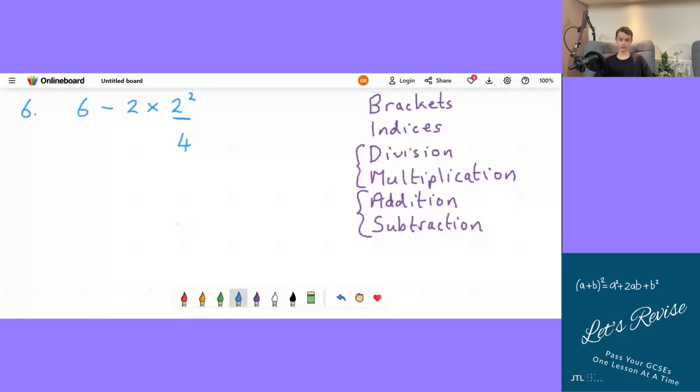Now, this is sort of hard because there are several other operations in here, including indices, multiplication, and subtraction. Well, as BIDMAS says, first do the indices, which happens to come out at 4. So it's 4, okay?